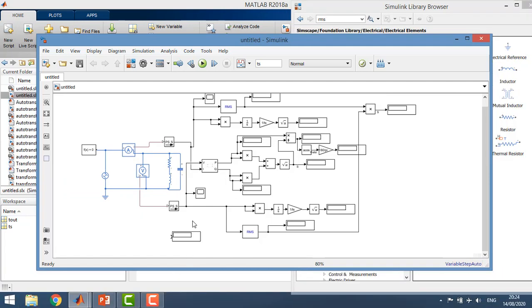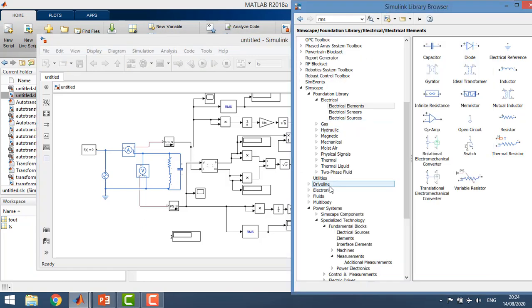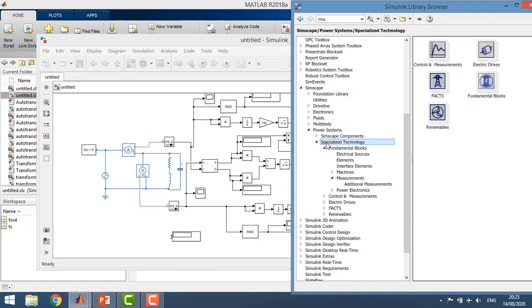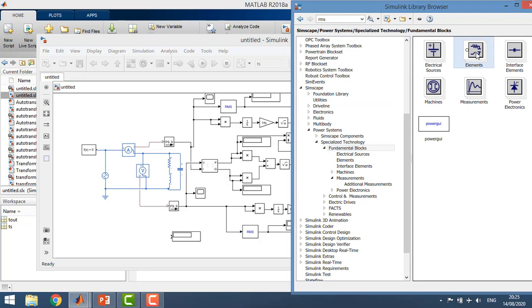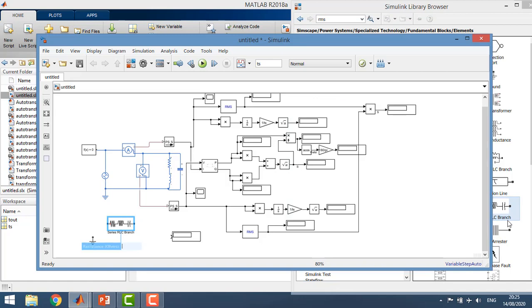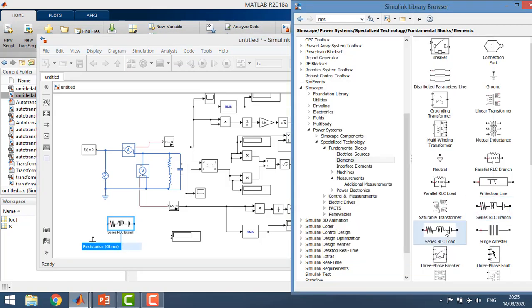Right, so for the three-phase circuit, we're going to use components from the specialized technology. So basically we have two choices, either using the series RLC branch or the RLC load.